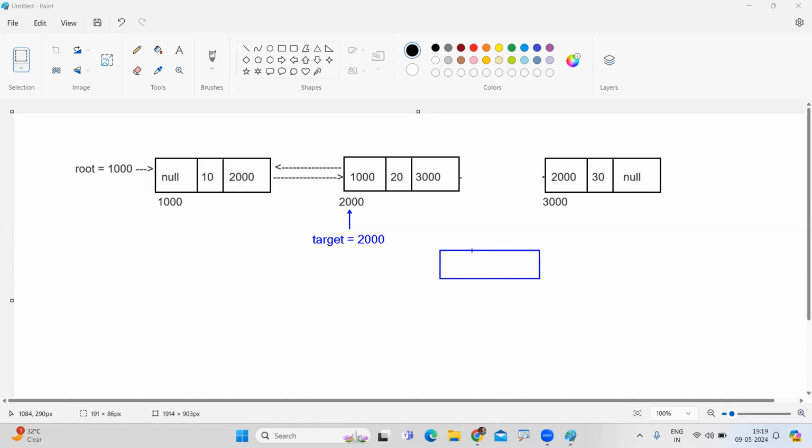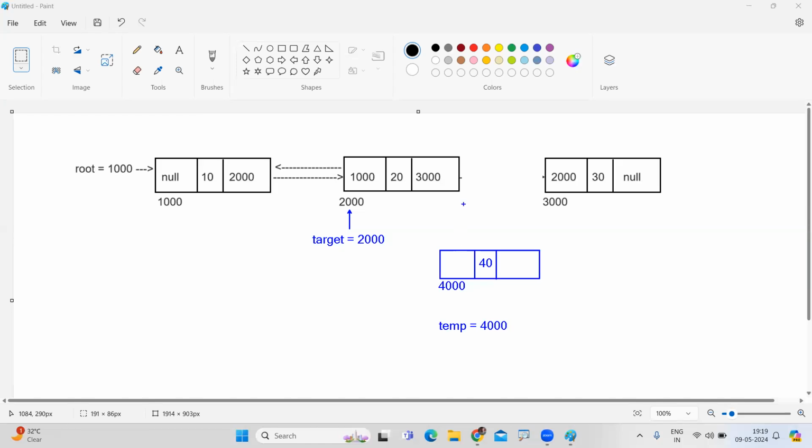Suppose here is a new node, it is 4000, and the value is 40, and this one is temp 4000. As of now, it is there.